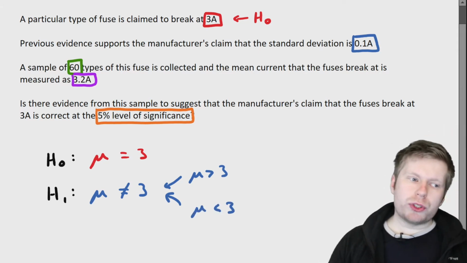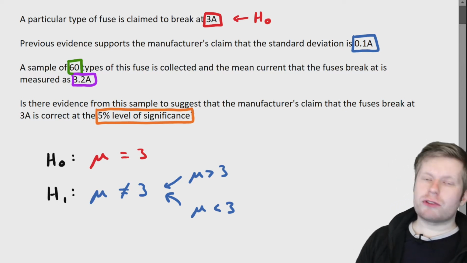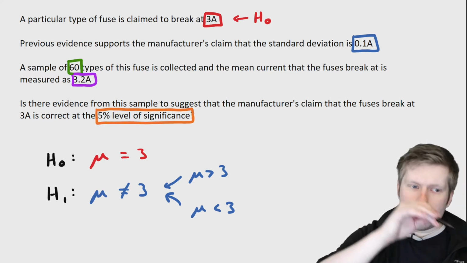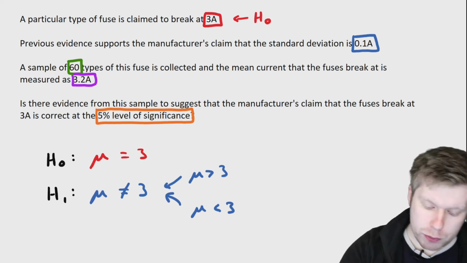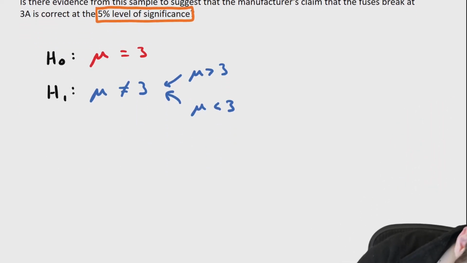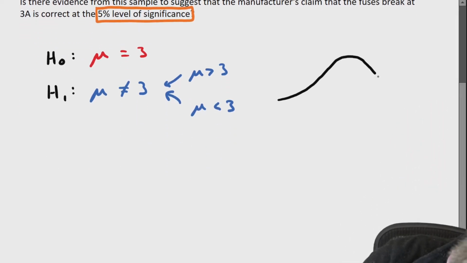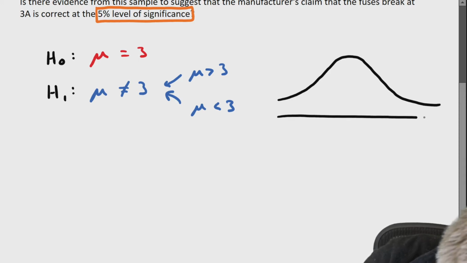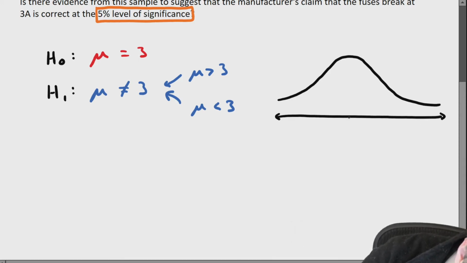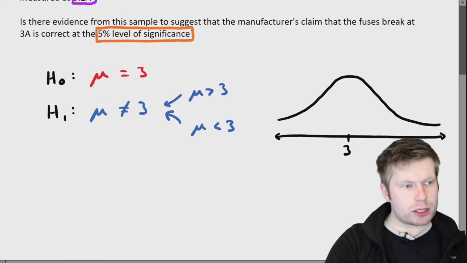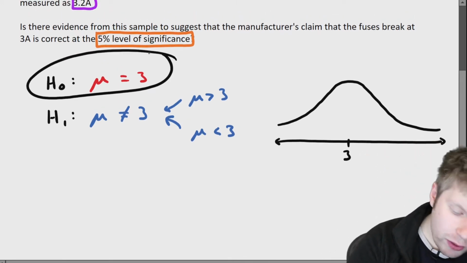Now this is really important, because I'm assuming that these things follow a normal distribution. In other words, the points at which the fuses break follow a normal distribution. Which means that when I draw my normal distribution of where these fuses break, in the middle I should have 3 amps. That's my current supposed hypothesis. That's what I currently believe to be true.